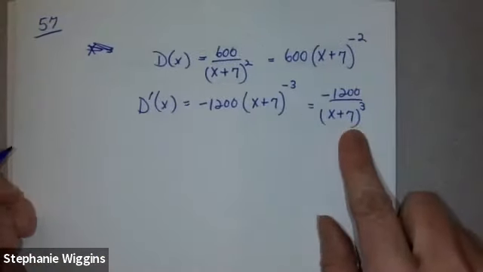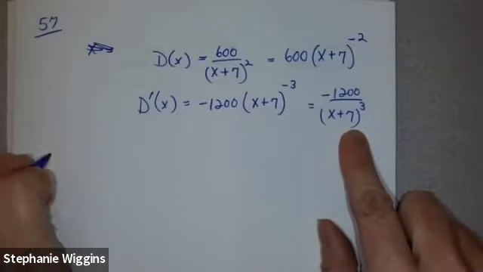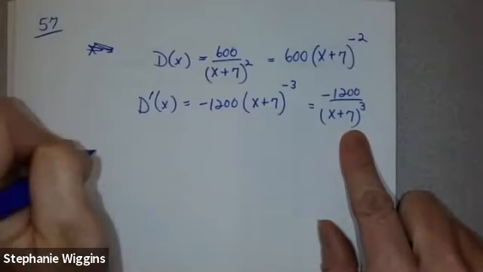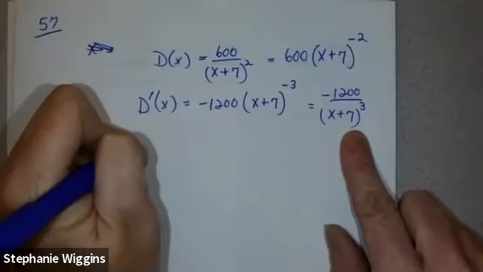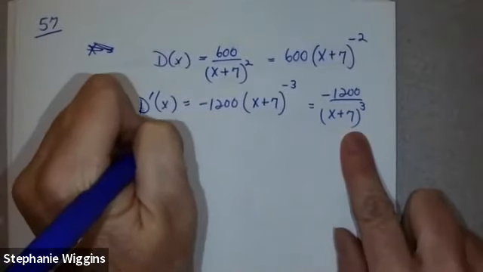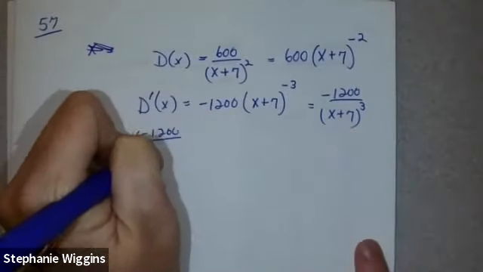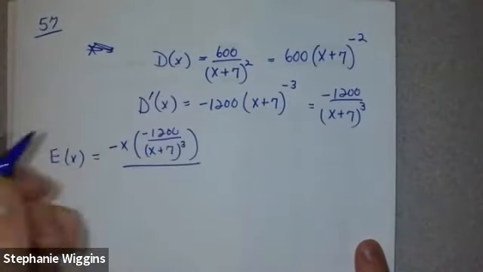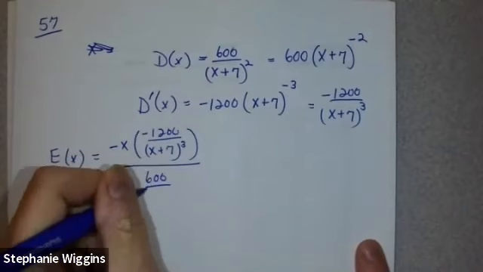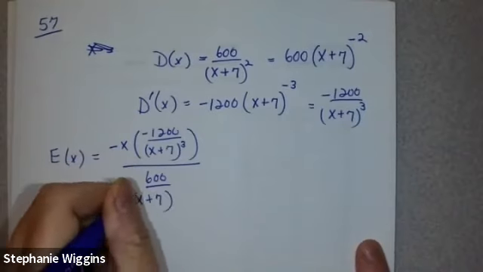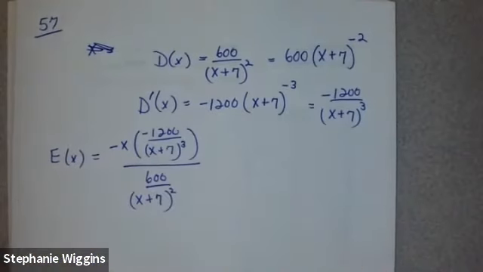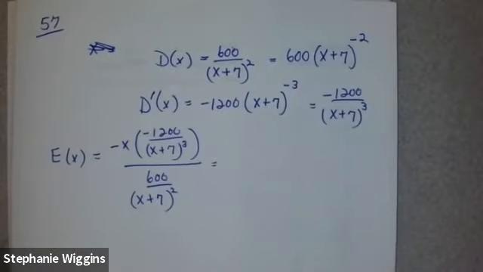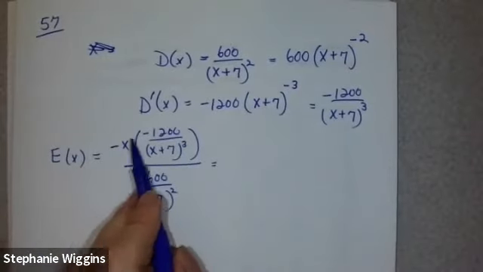Now that means the elasticity is going to be minus x times this, negative 1200 over (x + 7) cubed, divided by 600 over (x + 7) squared. And so the negatives are going to cancel.